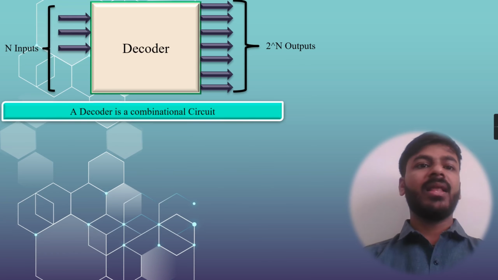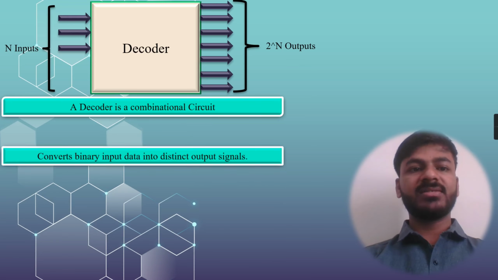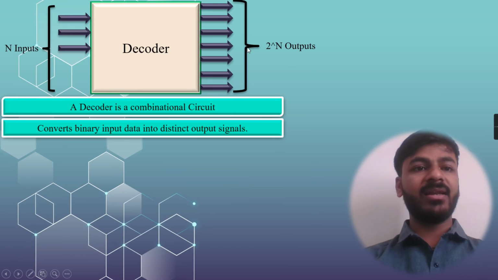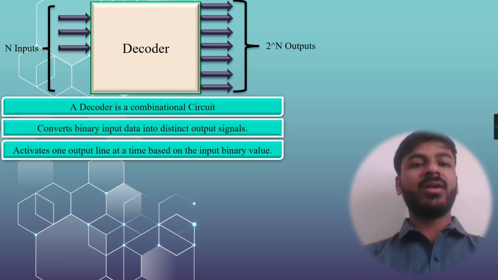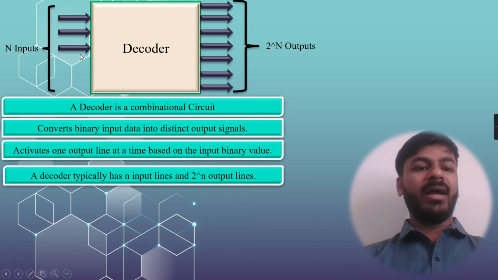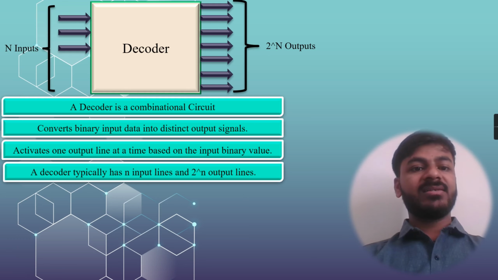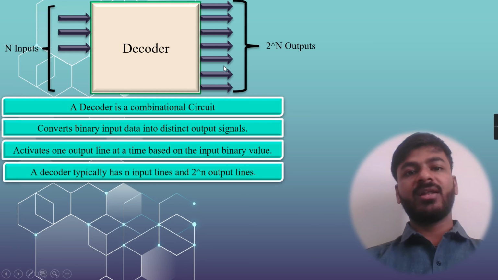Now let's get started with the basic understanding of a decoder. We know that it's a combinational circuit which converts binary input into particular distinct output signals, and it activates one of the output lines at a time based on the input binary values. It has n input lines and 2 to the power n output lines.